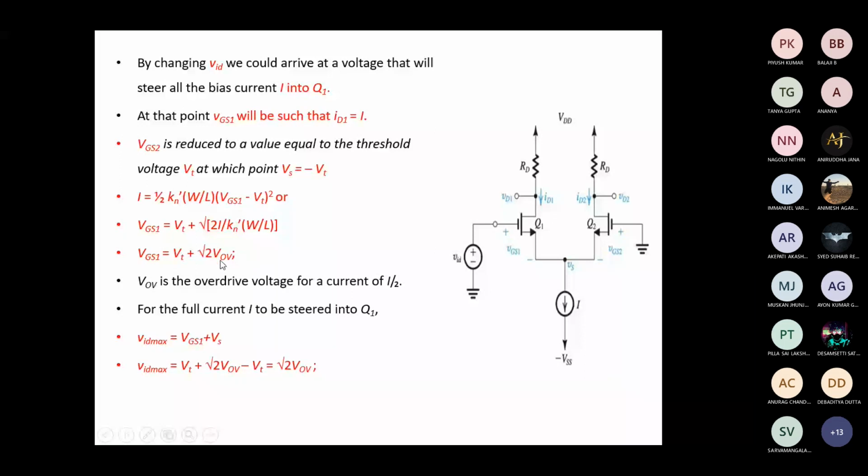Finally, we have root 2 times VOV. So VID max is root 2 times the overdrive voltage. This is the final equation for VID max. Similarly, for the reverse case, VID min will be minus root 2 times the overdrive voltage. So this will be the range of the maximum and minimum limits for the input voltage.